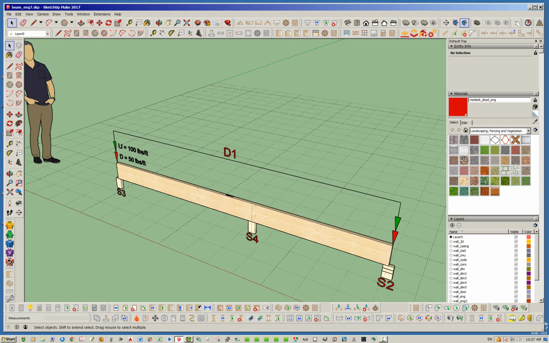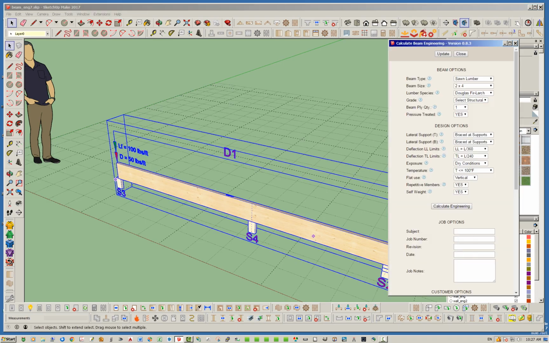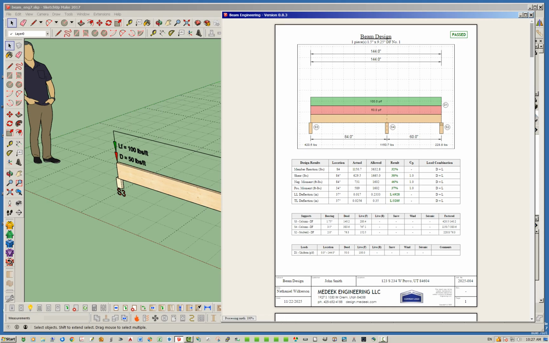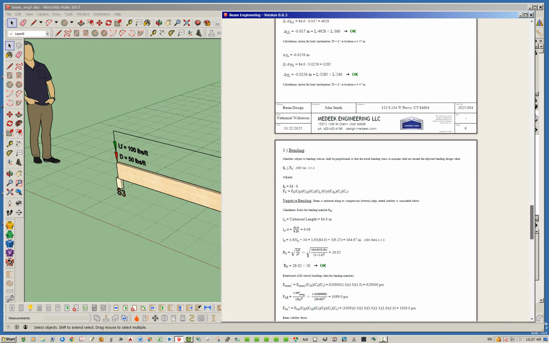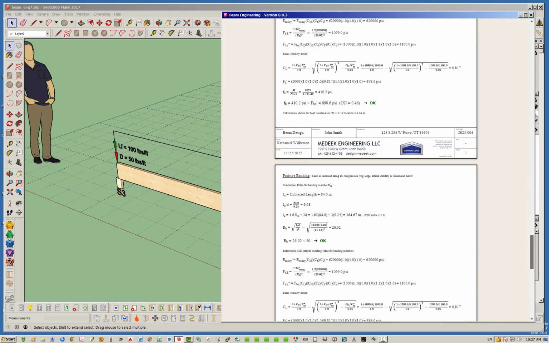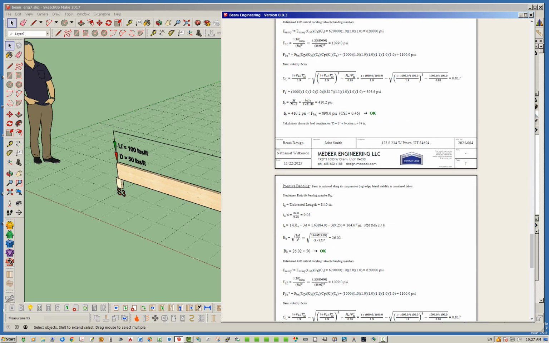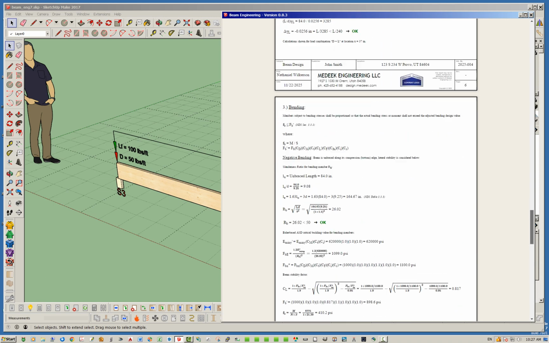So even if you have laterally unbraced specified, which we're going to do now just to show that, and we run that, you should see both top and bottom that 84 inches is our laterally unbraced length. We notice here LU is set to 84, both negative and positive.